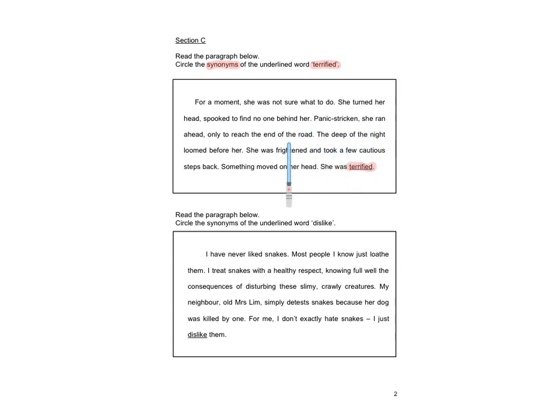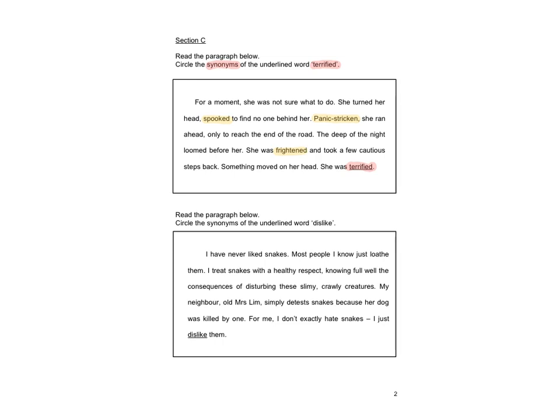Panic-stricken, she ran ahead, only to reach the end of the road. The deep of the night loomed before her. She was frightened and took a few cautious steps back. Something moved on her head. She was terrified. So the synonyms of terrified would be spooked, panic-stricken, and frightened.